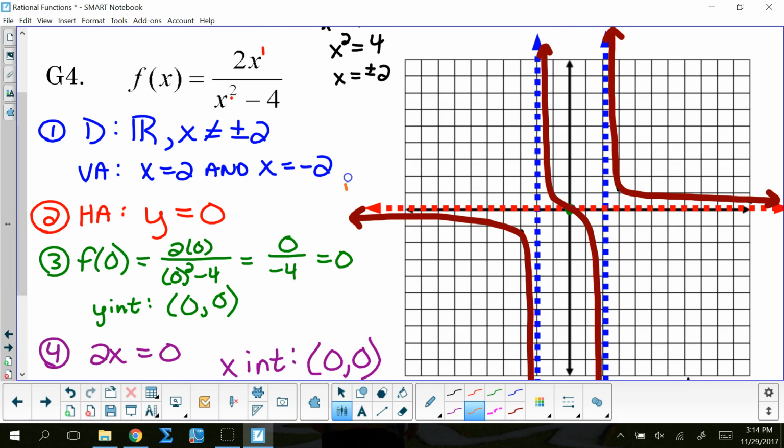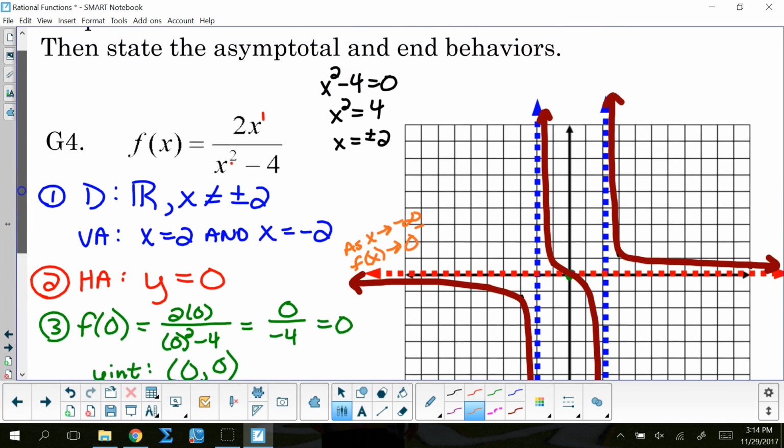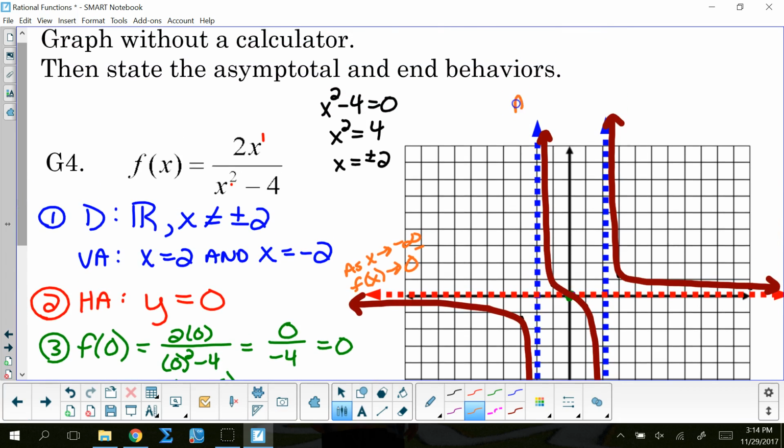So over here, as x goes to negative infinity, our function is approaching 0 from below. Up here, as x approaches negative 2 from the right, my function is going to positive infinity.